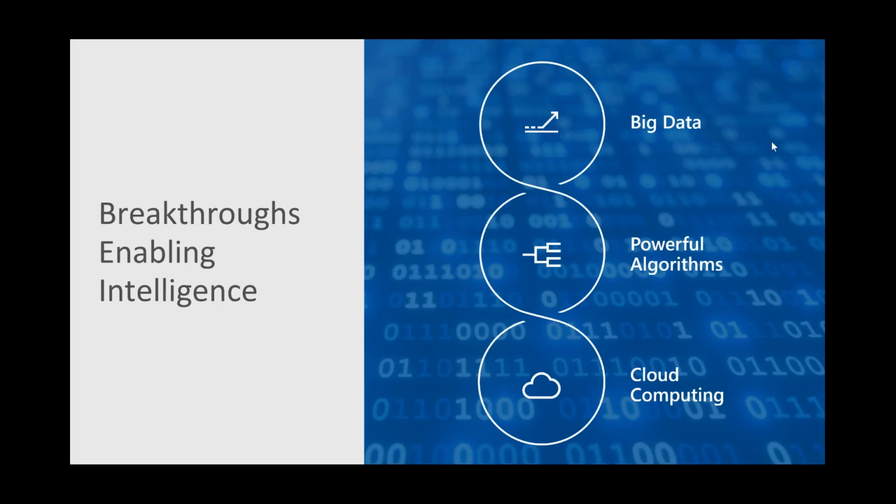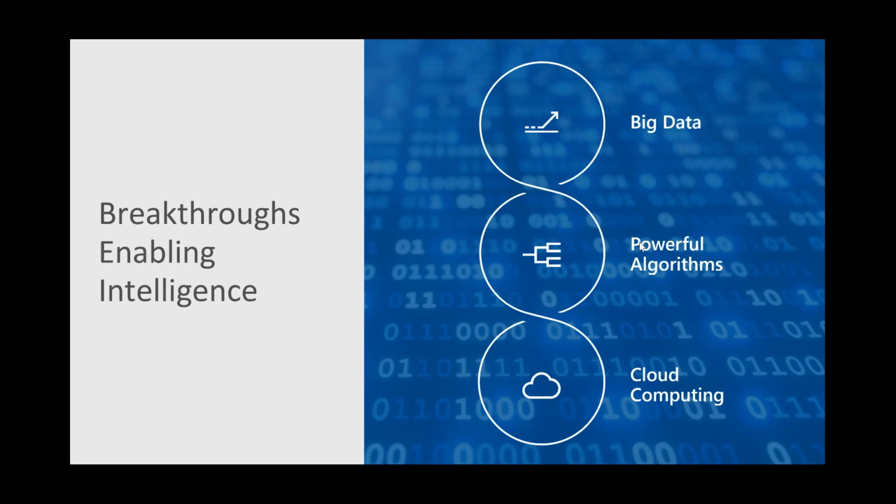Today, AI is really gaining a lot of ground because of three things. One is big data, this data explosion: data coming from the internet, from mobile apps, from sensors, right? There's an explosion of data that we have, and the algorithms have gotten really powerful. Especially if you look at Microsoft Research, we've been working on AI for a couple of decades now.